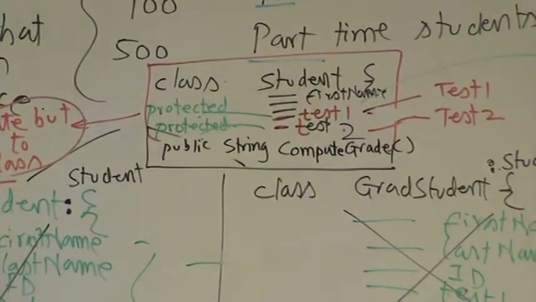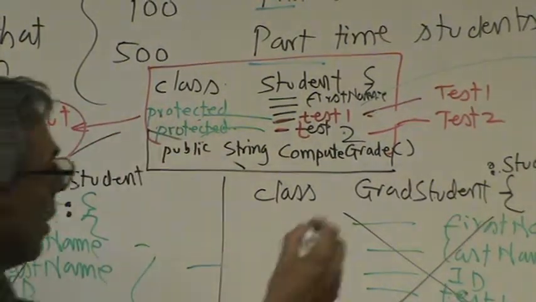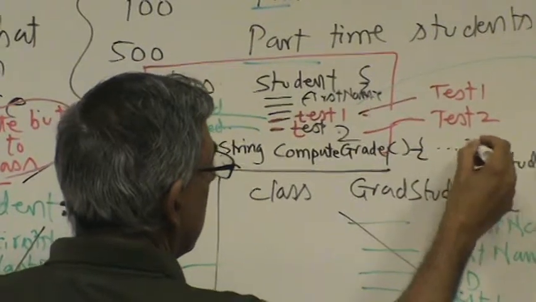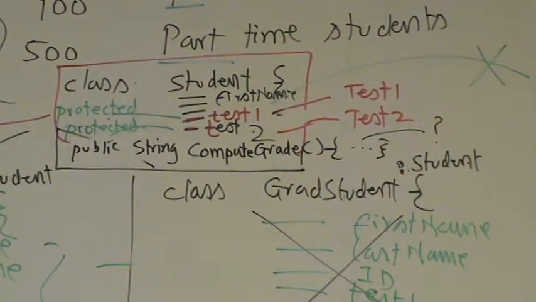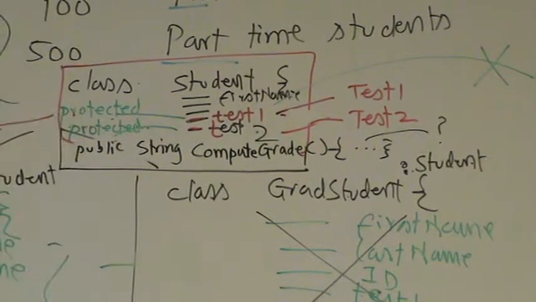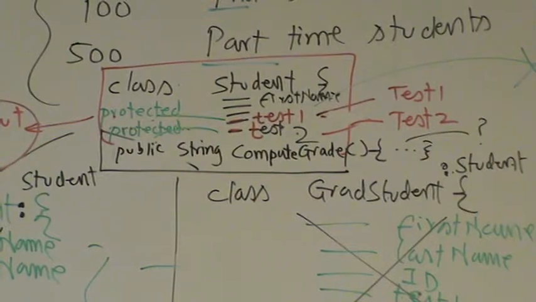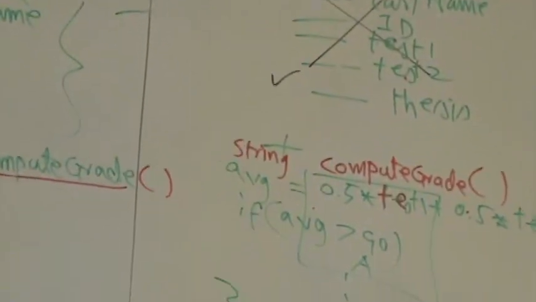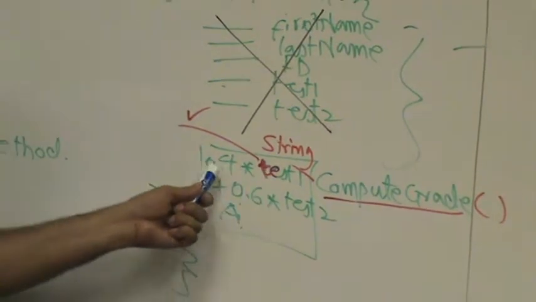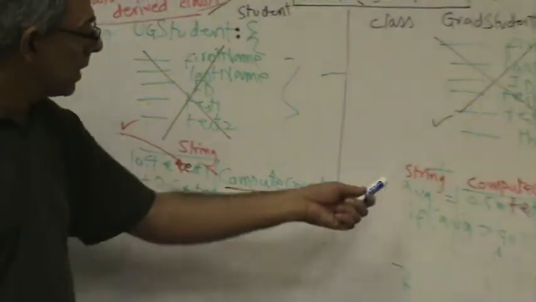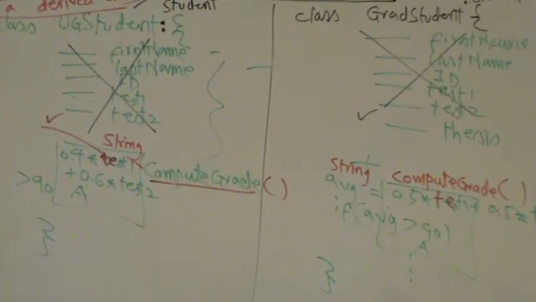Okay, so now here's the problem. What code do we write over here? So what code should we write in this compute grade method in the student class? Because over here we do not know whether it will be an undergraduate student or a graduate student. Because if it's an undergraduate student, we want to multiply 0.4 with test 1. If it's a graduate student, we want to multiply 0.5 with test 1, okay?